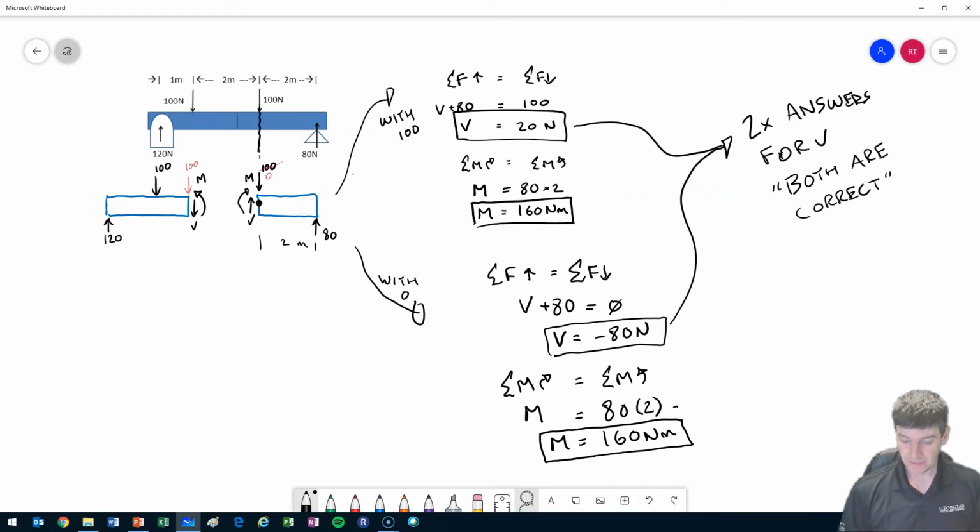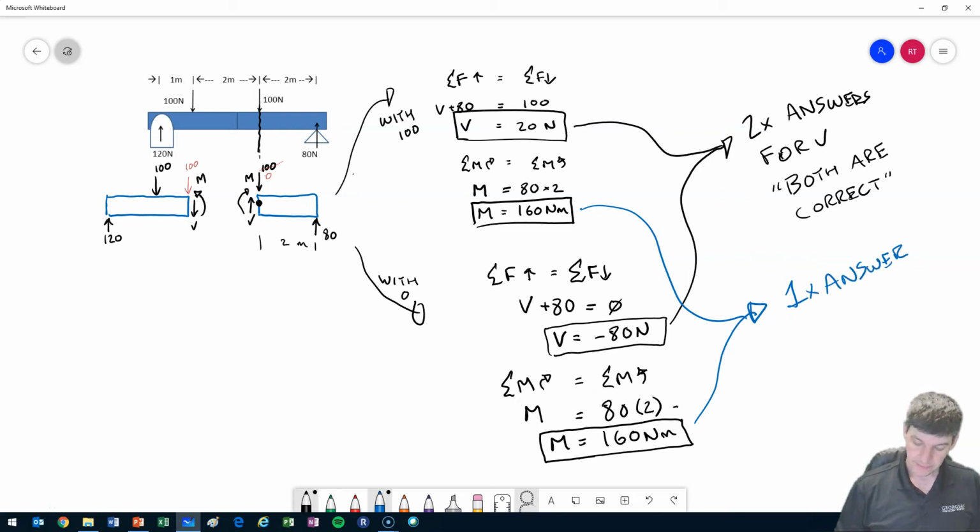So I have lots of V shearing that's happening at one side, and then shearing in the opposite direction at the other side, so the positive and negative. So we have two answers for V whenever we're at a point load. And if we look at what's happening with our M, we always are going to have one answer for M. It's unchanged.